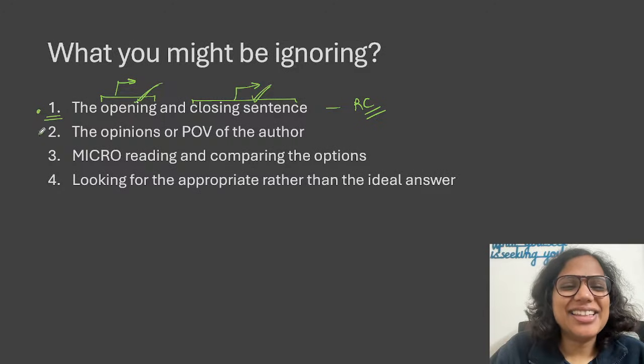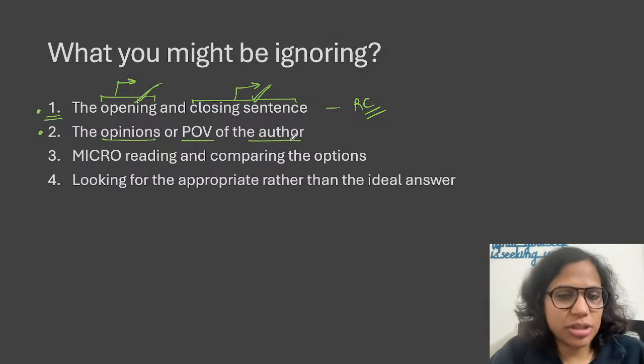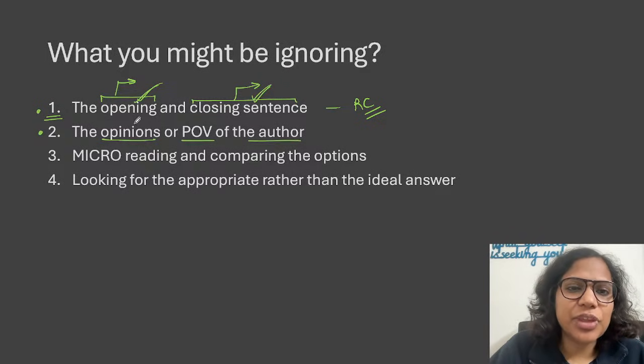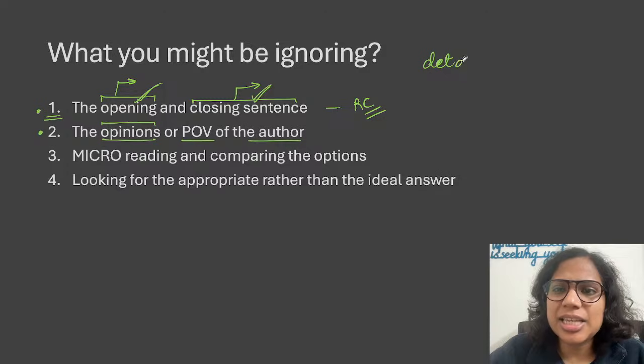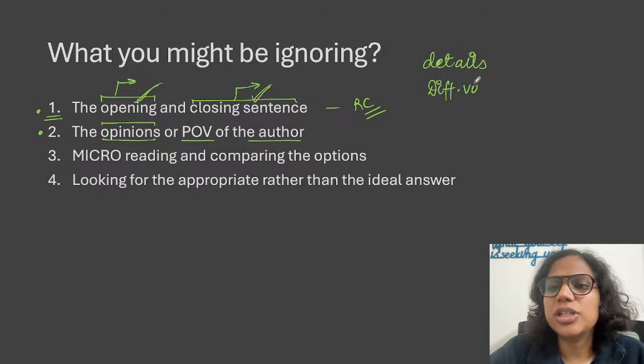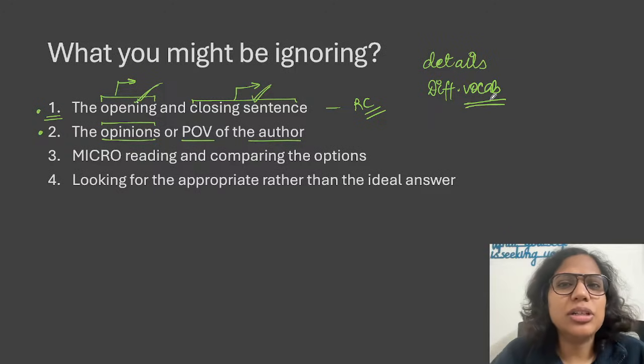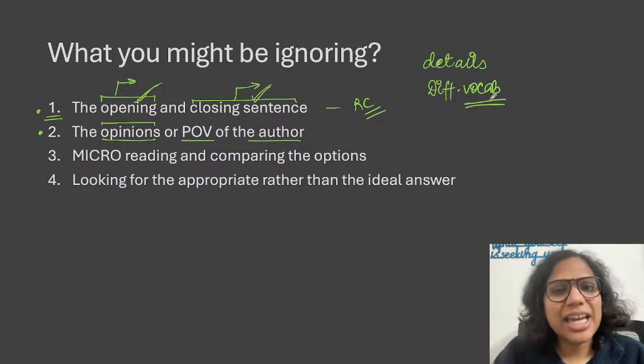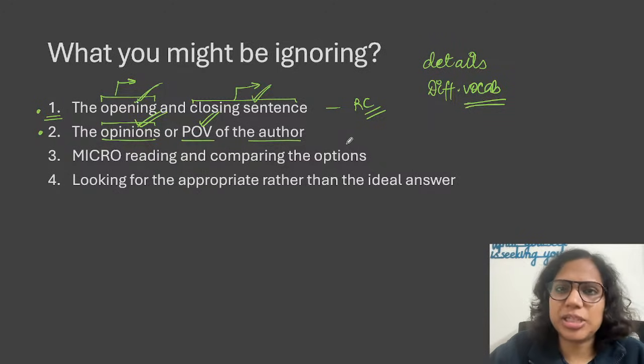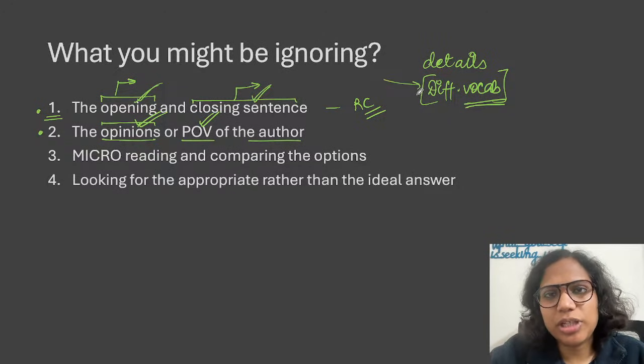Okay. Another thing is the opinions or point of view of the author, right? A lot of times we get so caught up in details, especially when there is difficult vocabulary. I see that students really start zeroing in on the details, okay, at the cost of, let's say, key ideas which are naturally the opinions or point of view of the author if they have been expressed, okay. So please don't get intimidated by difficult vocabulary, okay.